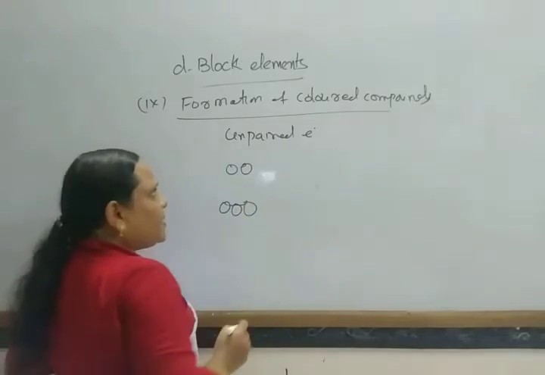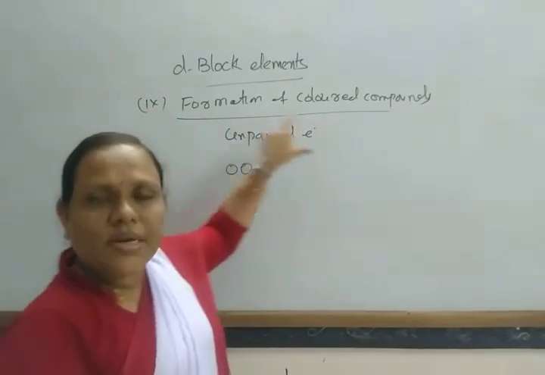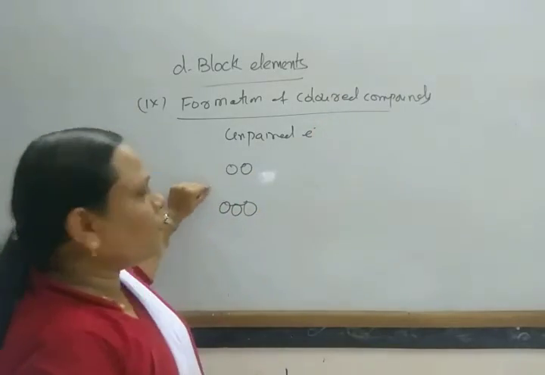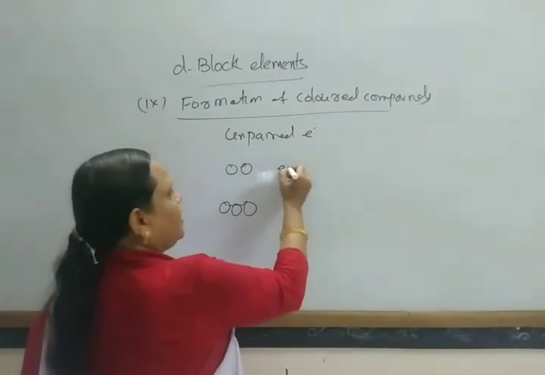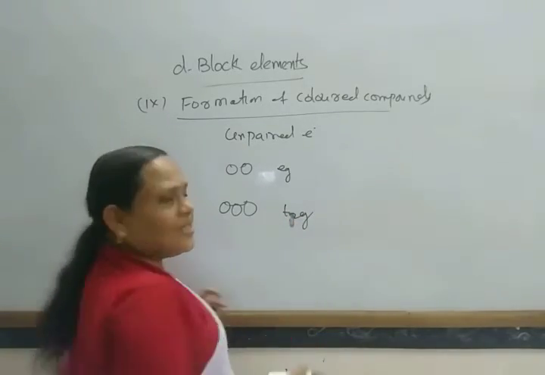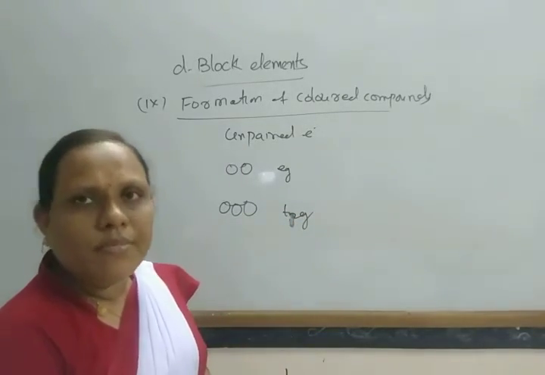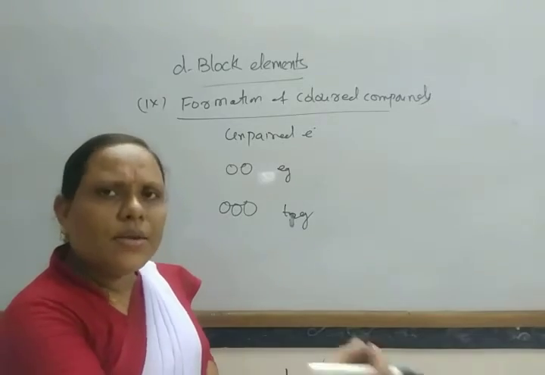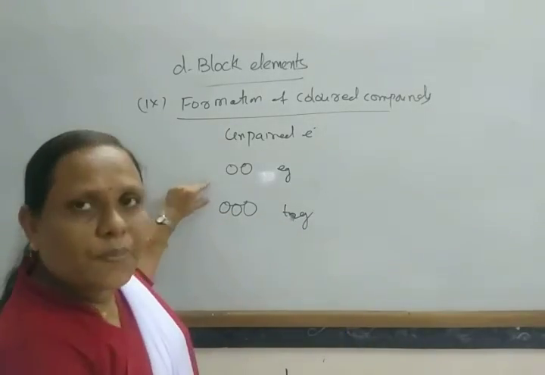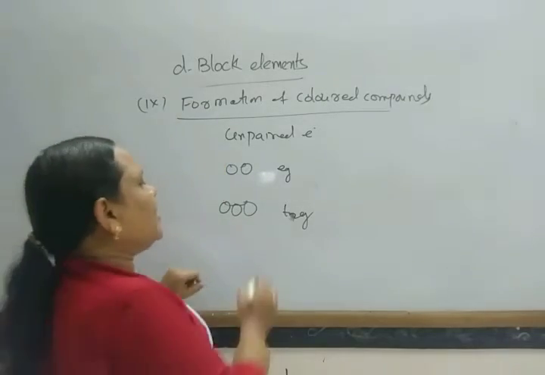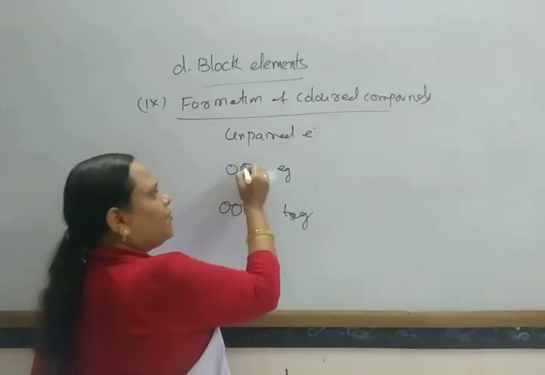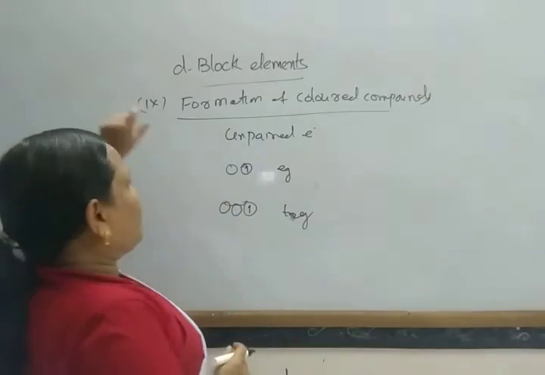The 5 d orbitals of the d subshell split into two sets in the presence of some ligands, either water or ammonia etc. And electron transition takes place from one d to another d.